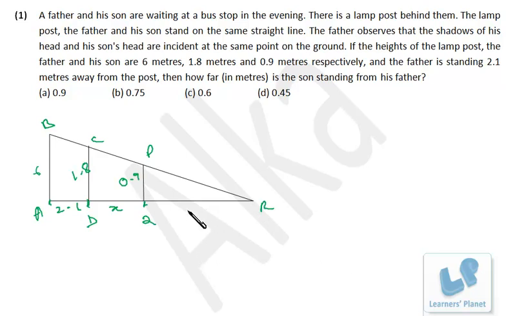Now I assume this length to be Y. Now from this triangle, 6 upon 2.1 plus X plus Y is equal to 1.8 upon X plus Y is equal to 0.9 upon Y.